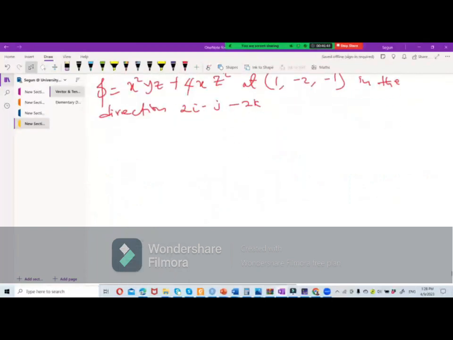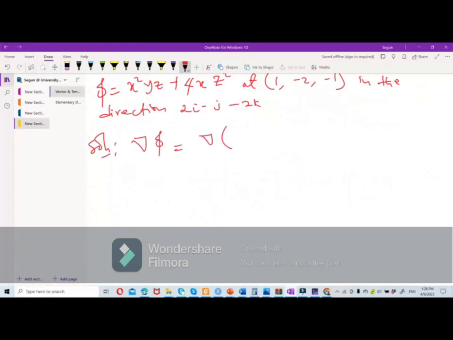So to solve this problem, in case you're given the one with direction, how do I handle it? This is what we have to do. Phi of this is equals to this del of the entire equation, which is x squared yz plus 4xz squared. So how do I do it? Remember the definition, the way we solved the graph the other time.